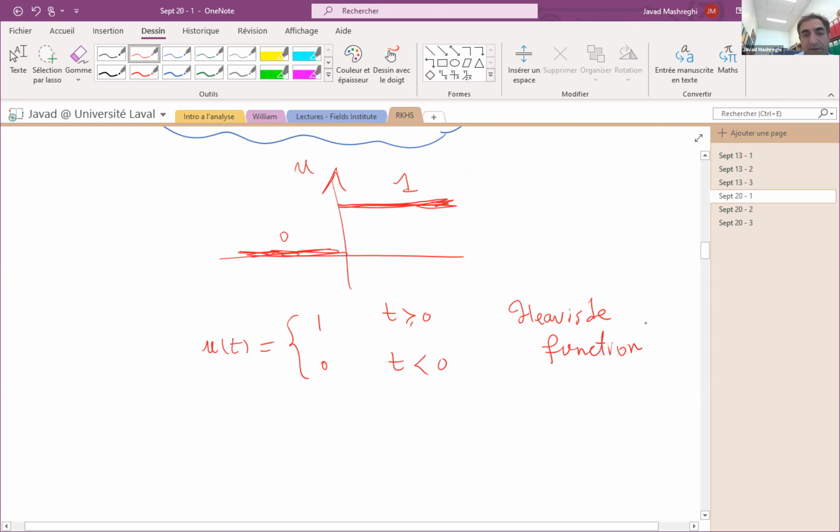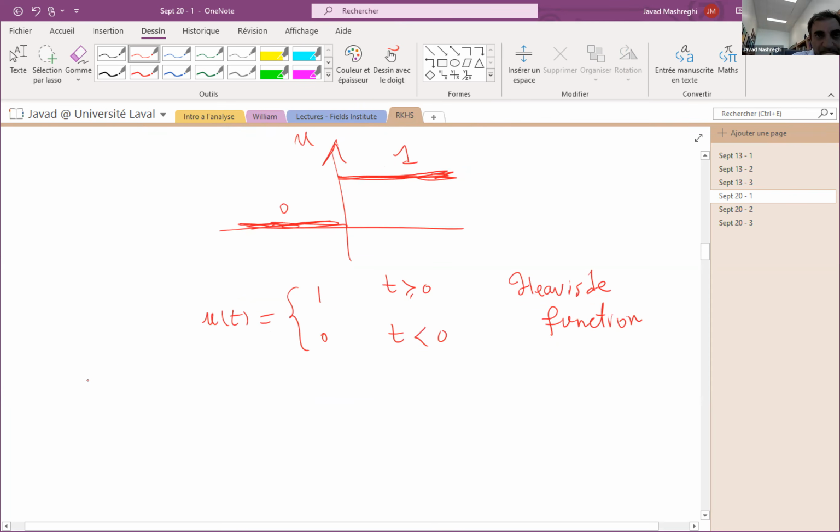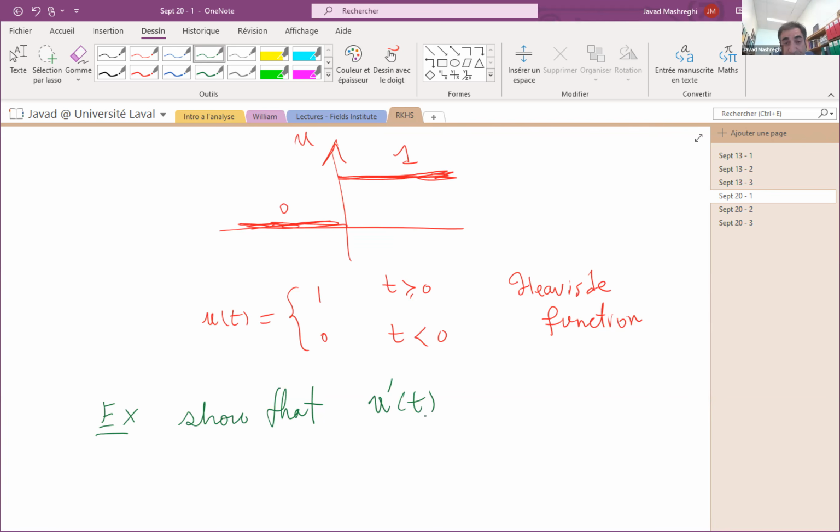With the interpretation I gave above, the exercise is this: show that u prime with respect to t... If we forget distribution theory and consider what we studied in analysis 1 or 2, our answer would be u prime is equal to 0 for t strictly positive and also for t strictly negative, and u prime at the point 0 does not exist.